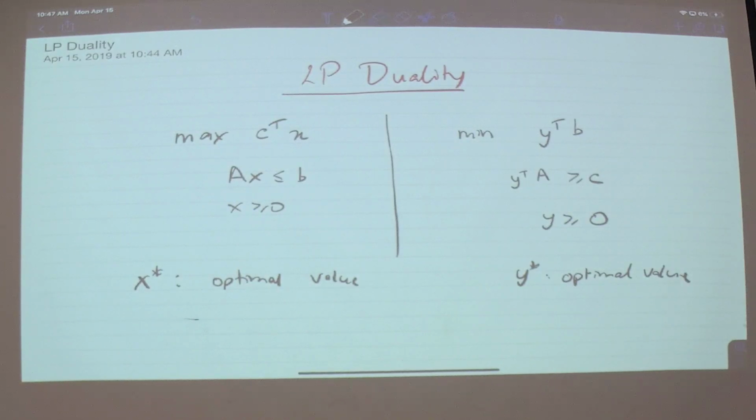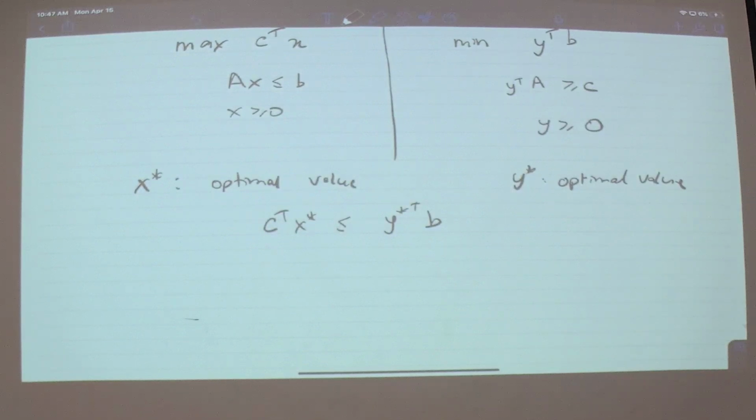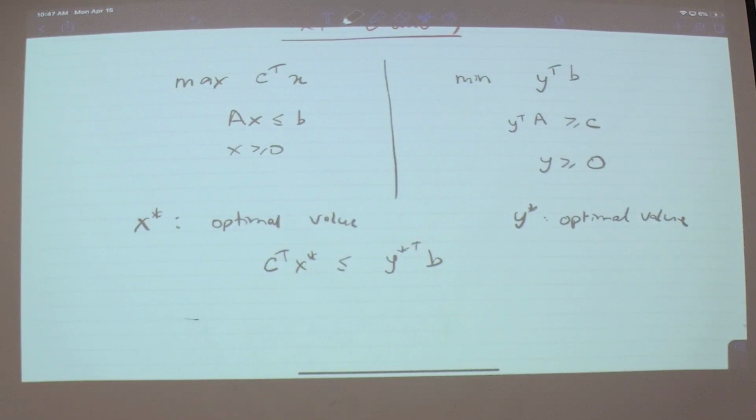Then it's not hard to show that, first of all, that C transpose x star is less than or equal to y star transpose B. The reason you can show this is because we know that, let's see. So one way to prove this would be to say that, right.